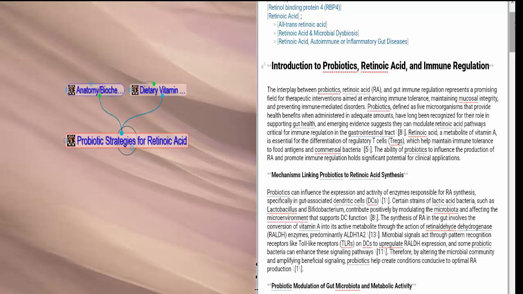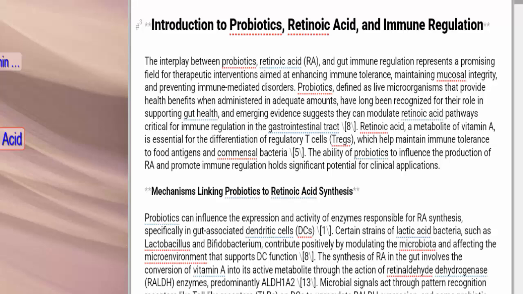Again, interplay between probiotics, retinoic acid, and gut immune regulation is a promising field for therapeutic interventions aimed at enhancing immune tolerance, maintaining mucosal integrity, and preventing immune-mediated disorders.